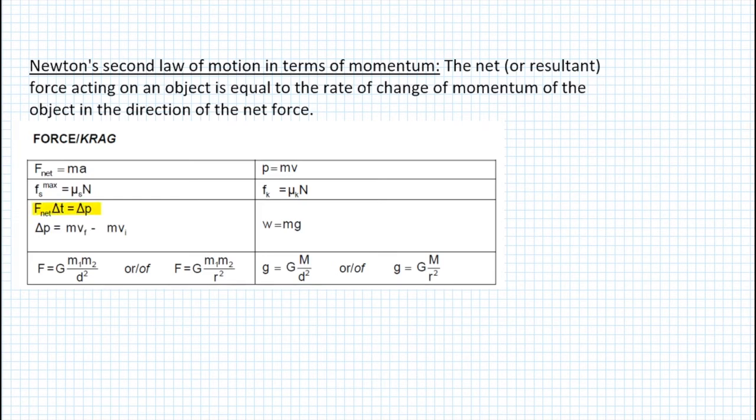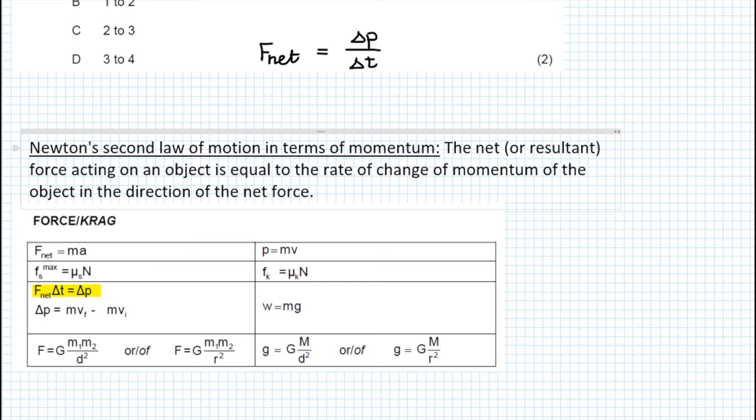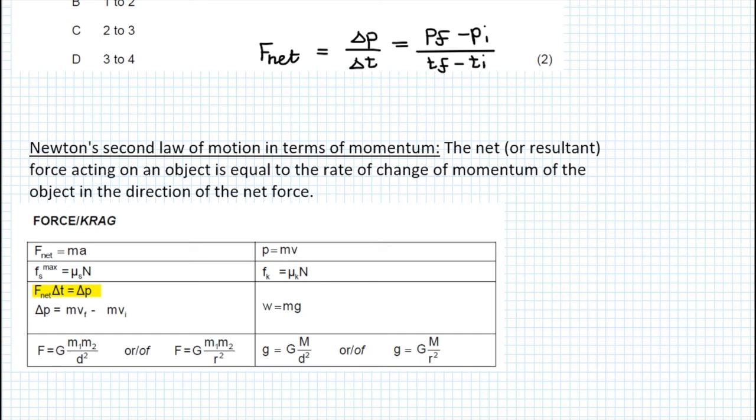If we manipulate that equation, then we have that F net is equal to change in momentum divided by change in time. In other words, we have P final minus P initial over T final minus T initial. That is assuming that we don't start off with a time of 0.